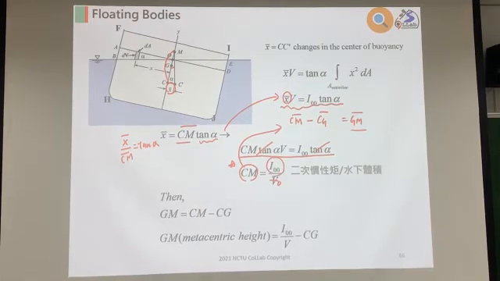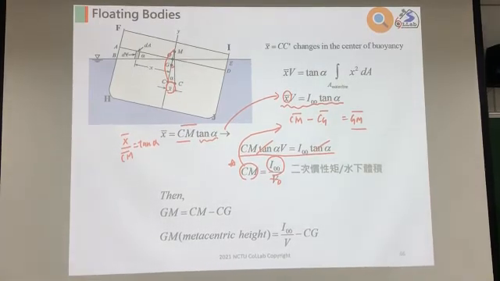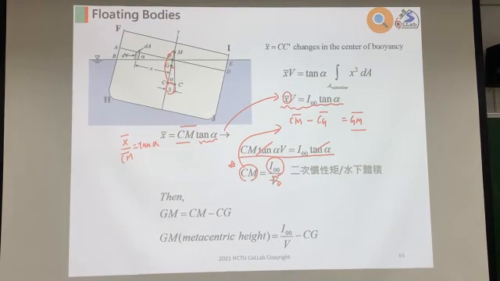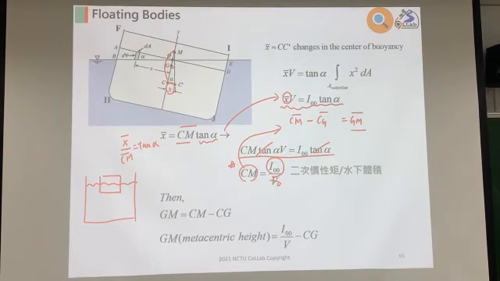Again, what is I? I is the second moment, based on the shape you want. So where is the shape located? The shape is the cross section over the water surface. For example, this is a tank, and this is a water line, and I put a block, and the block is floating on the water, right?